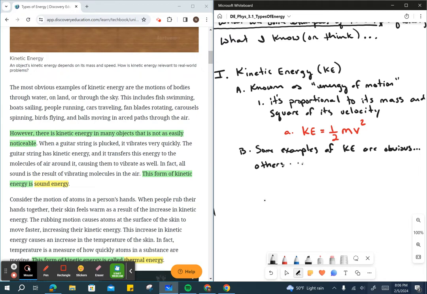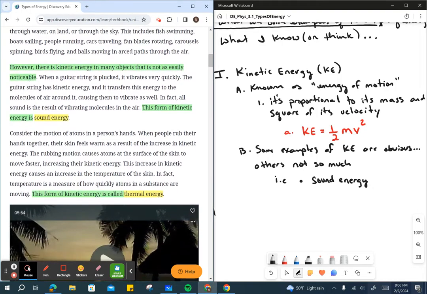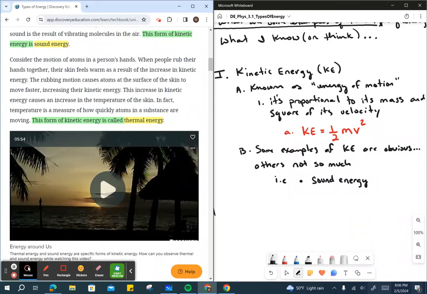Others not so much, i.e., sound energy. Maybe you wouldn't think of that necessarily as a form of kinetic energy. And of course, I want you to read these paragraphs. My goal is not to take up all of our time reading all this text together. I'm trying to show you the greatest hits, right? Take a look at the next paragraph.